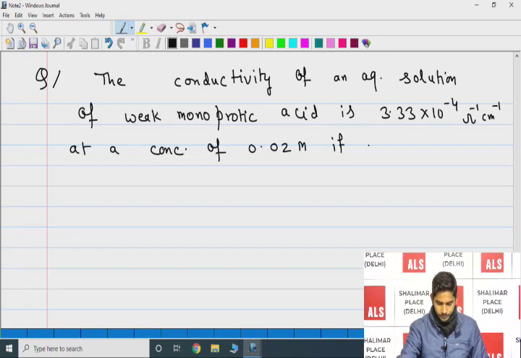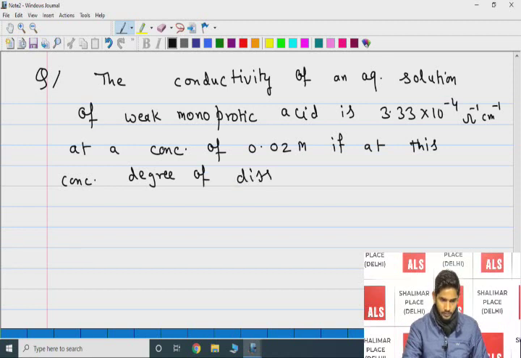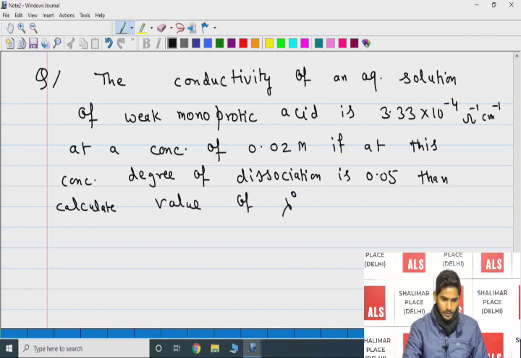If at this concentration the degree of dissociation is 0.05, then calculate the value of lambda naught m.